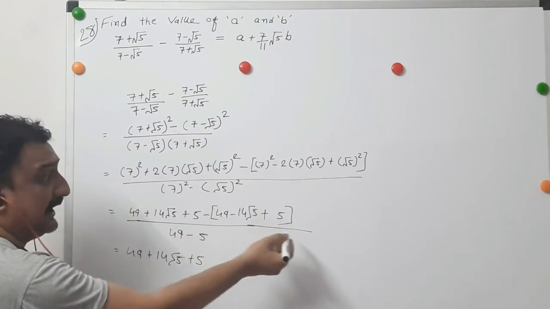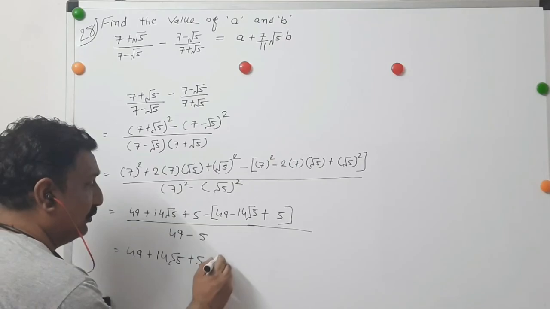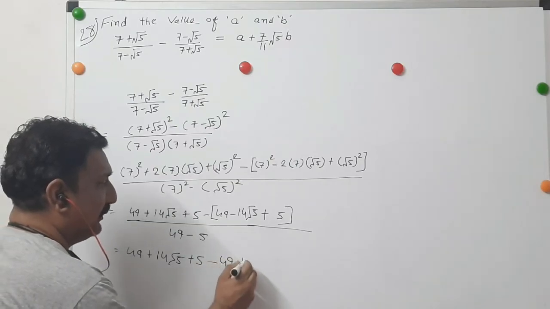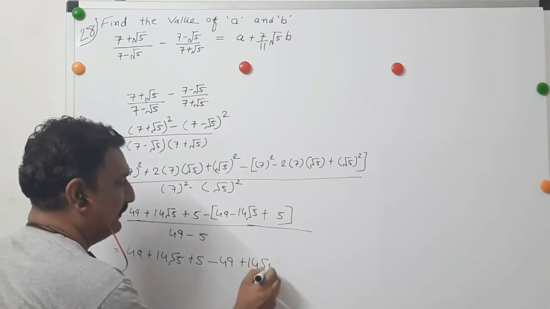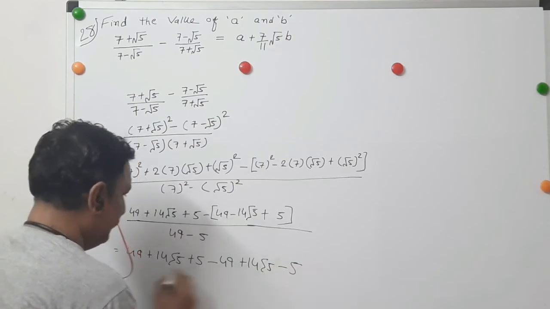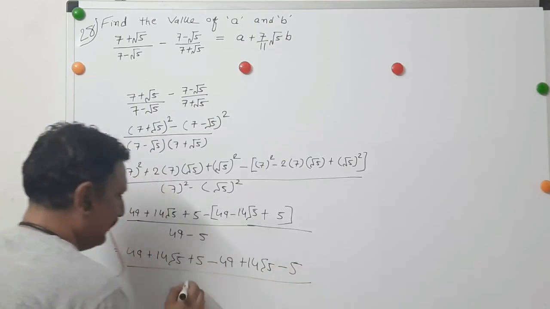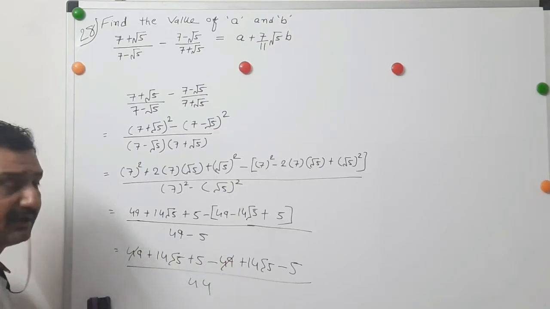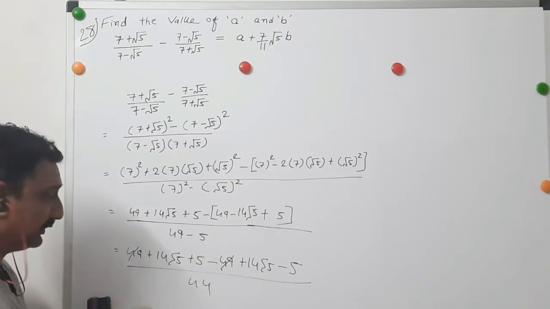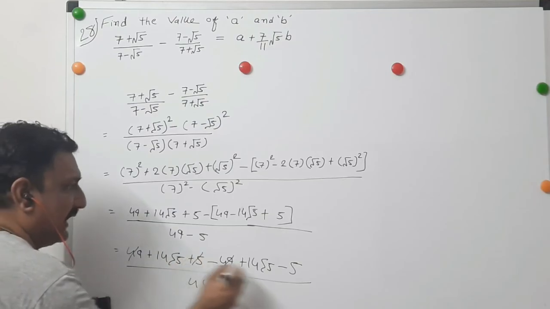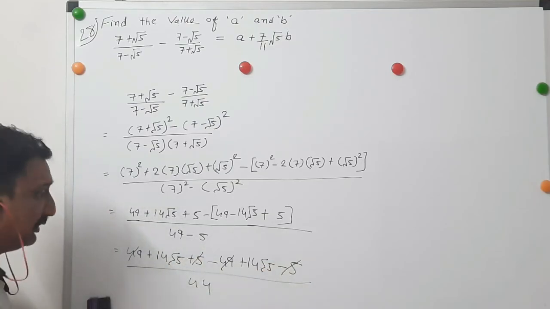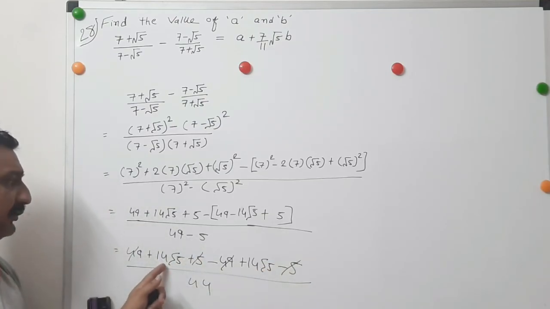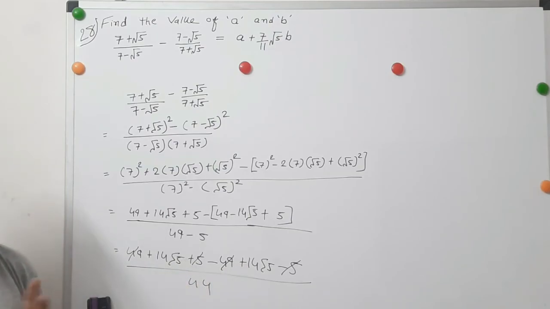When you resolve the bracket, the sign will change to minus: 49 plus 14 root 5 plus 5 minus 49 plus 14 root 5 minus 5, divided by 44. 49 and 49 cut, 5 and 5 cut. So 14 root 5 plus 14 root 5 is left.